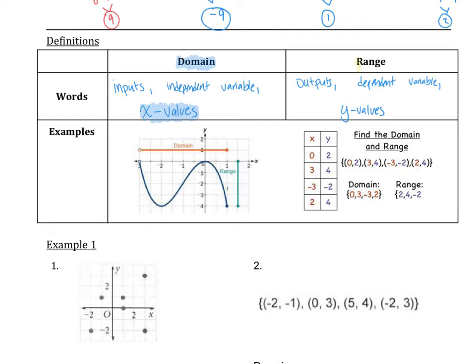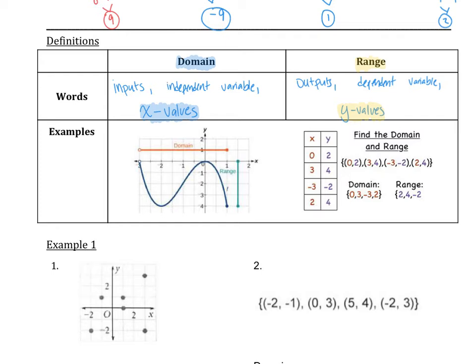The range, we can describe it by the outputs or the dependent variable. But again, the most often you're going to see it, range is meaning the y values. So your domain is your x values, your range is the y values.